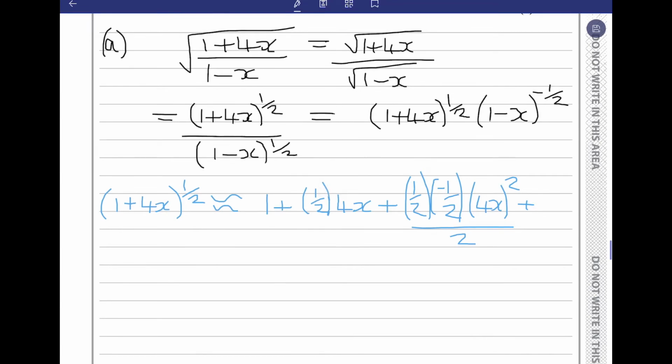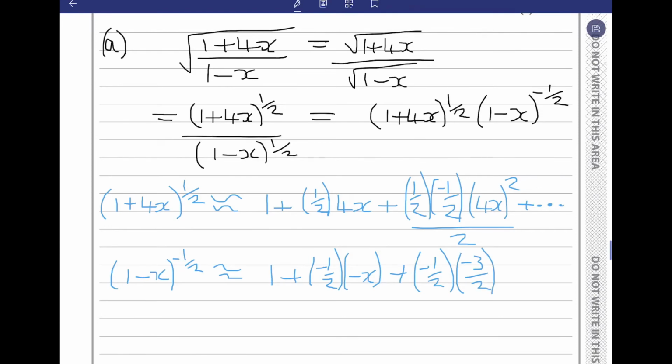So yeah, we're not bothered about the other terms as we're only asked to find the three terms. Similarly, (1 minus x) to the minus a half is approximately 1 plus minus a half times minus x plus minus a half times minus 3 over 2 times minus x squared over 2 plus and so on.